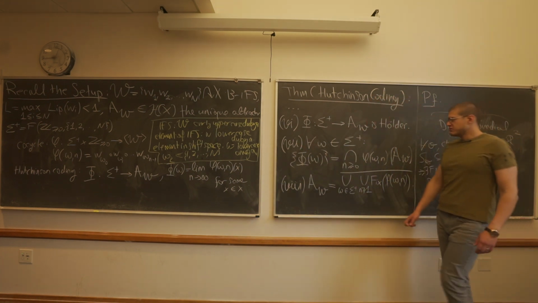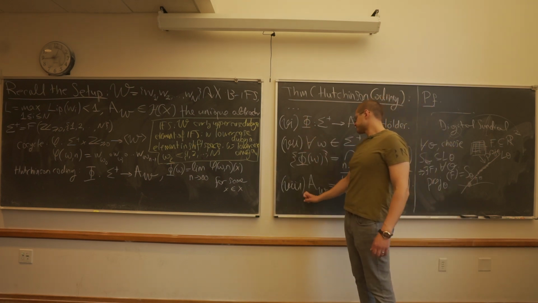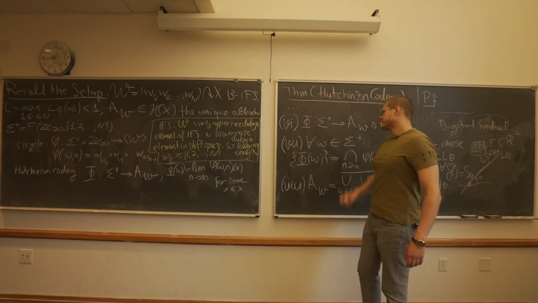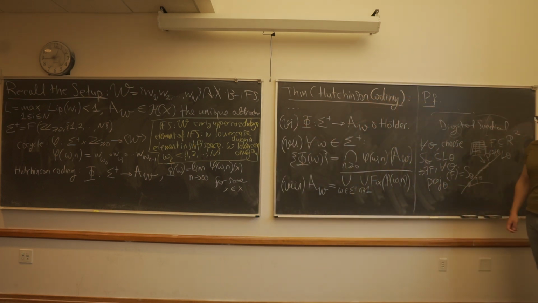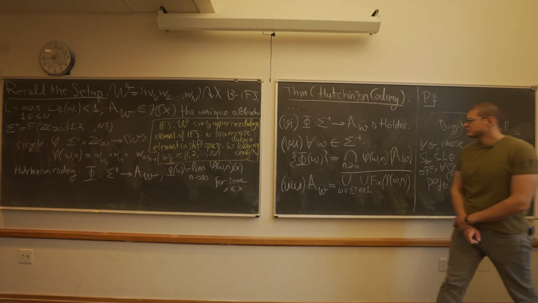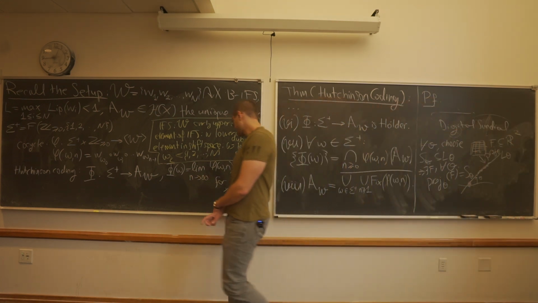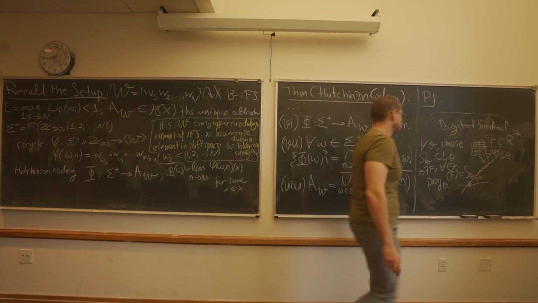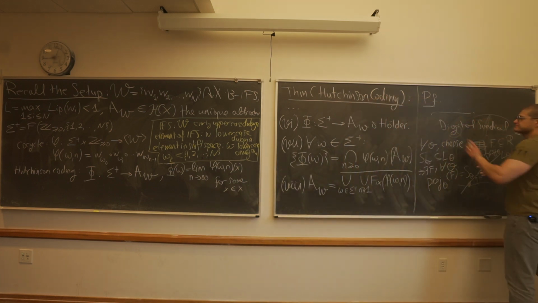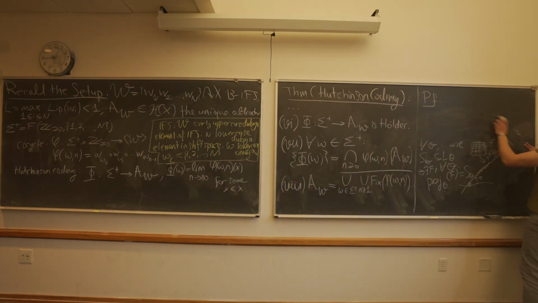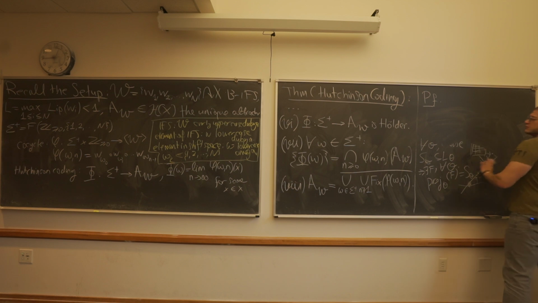So we had 3 more items remaining. Let's first look at item 6, that this phi function from the shift space to the attractor is Hölder. In particular, it is continuous, of course, but it is more.